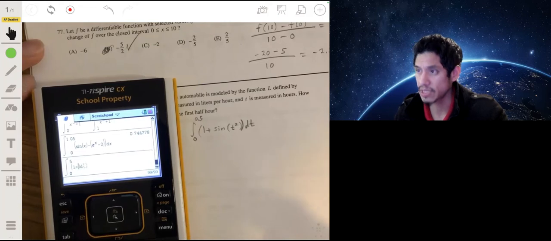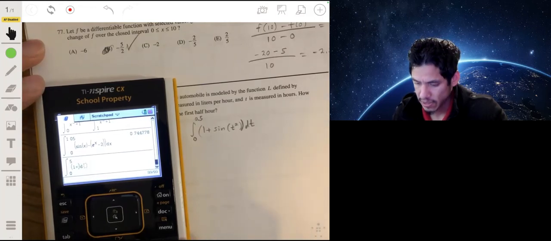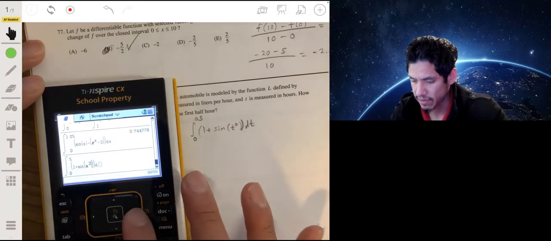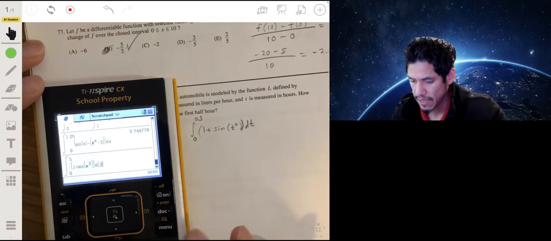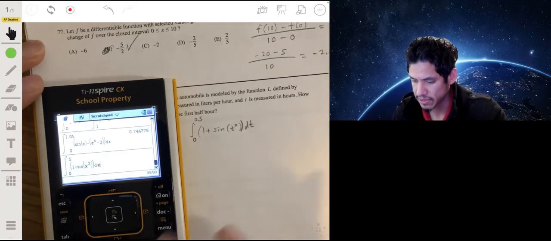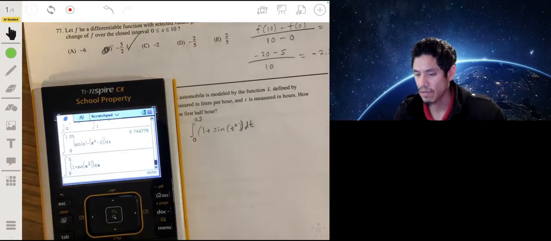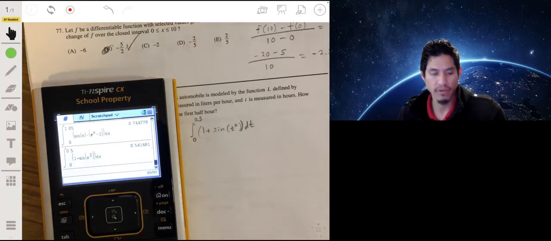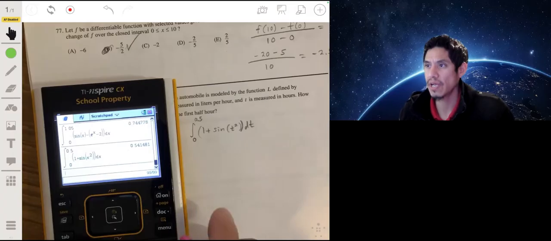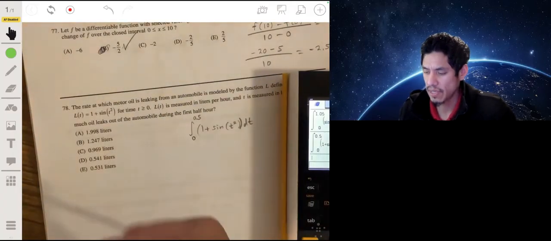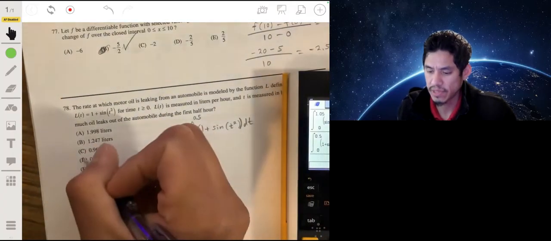So 1 plus the sine of, and we'll just use x in this calculator. 1 plus sine of x. And we'll get about 0.541481. That would be D.